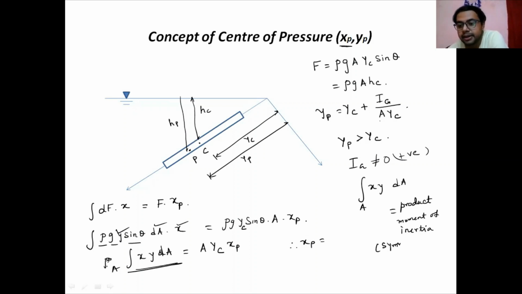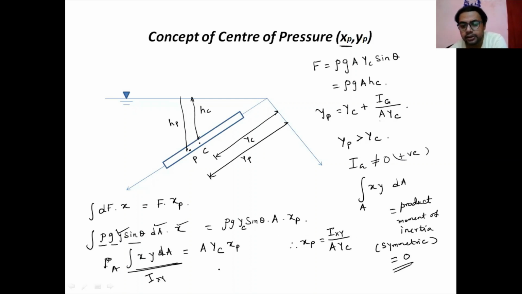To check whether the plane surface is symmetric or asymmetric. If the body is symmetric about the axis, the product moment of inertia will be 0. So that is not a factor. Better we write it as IXY, so XP is IXY divided by A YC.